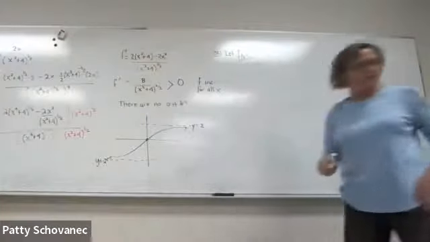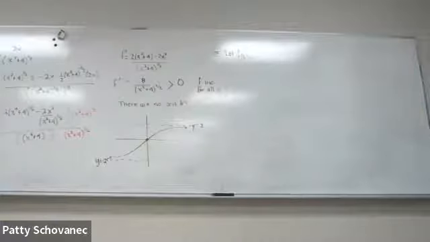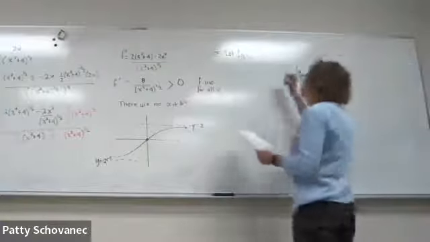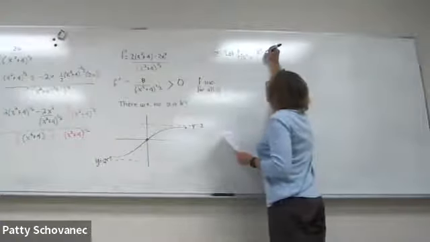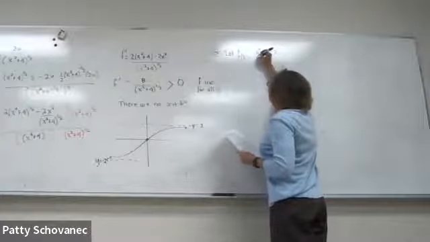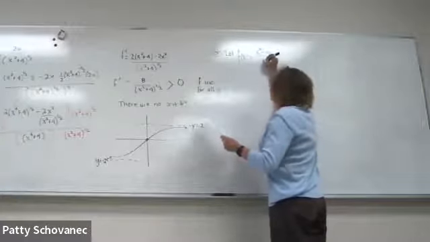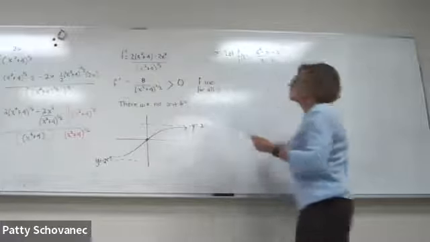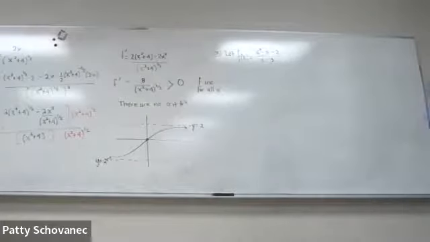The function f of x is equal to x squared minus x minus 2 divided by x minus 3. Our goal in this problem is to graph it, identify relative max and mins, but also identify asymptotes.